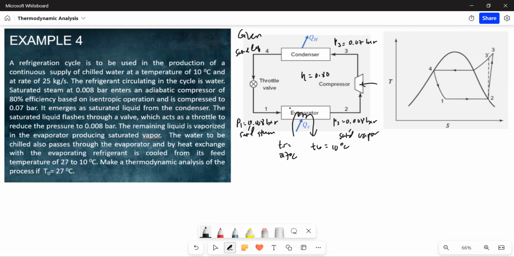Heat exchange happens here in the evaporator, cooling the water from 27 to 10 degrees. In the previous example, with the turbine and the condenser, cooling water passes through the condenser. But in the evaporator, warming water passes through the evaporator.